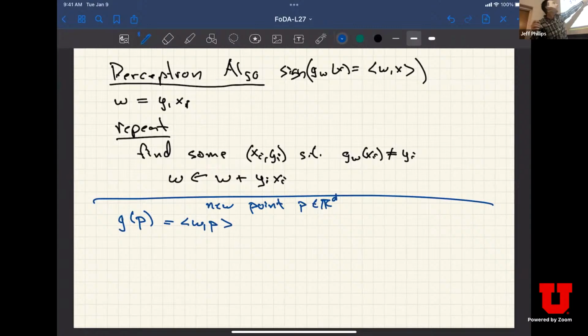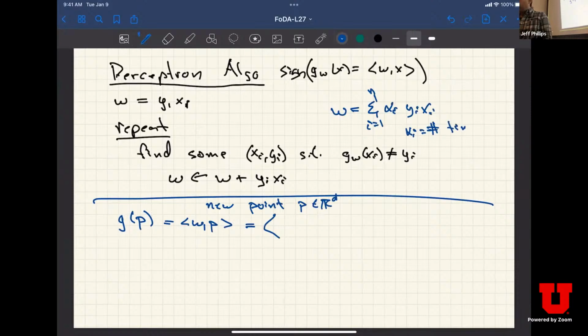The key thing I want to do is rewrite this, because w has a particular form when you run the perceptron algorithm. I can observe that w is the sum of alpha i, yi, xi, where alpha i is the number of times I found a mistake with xi, yi.